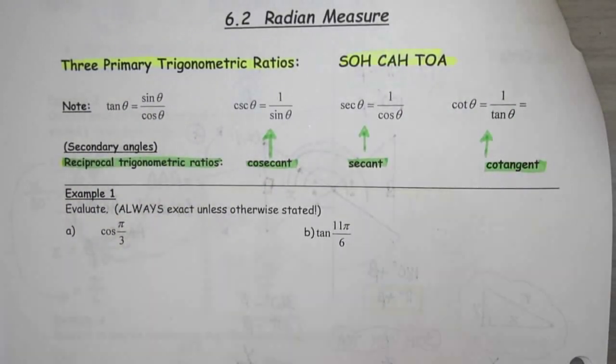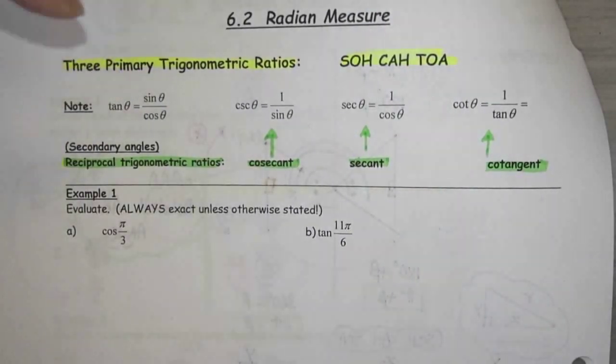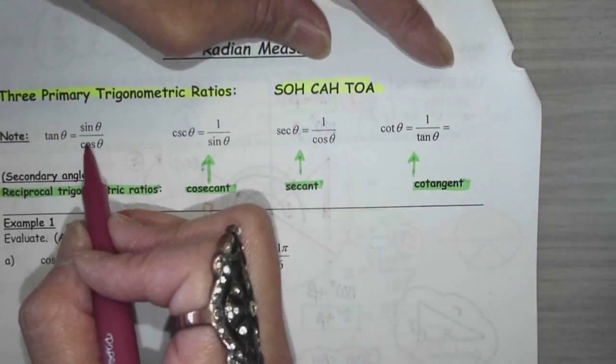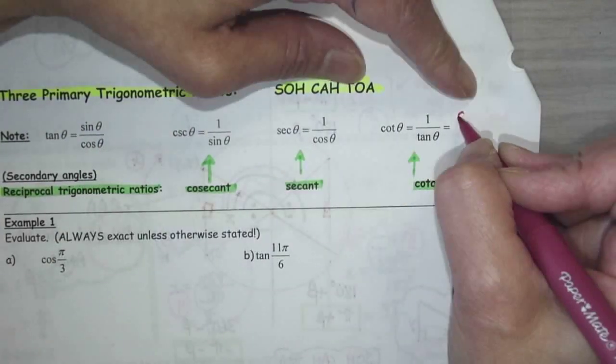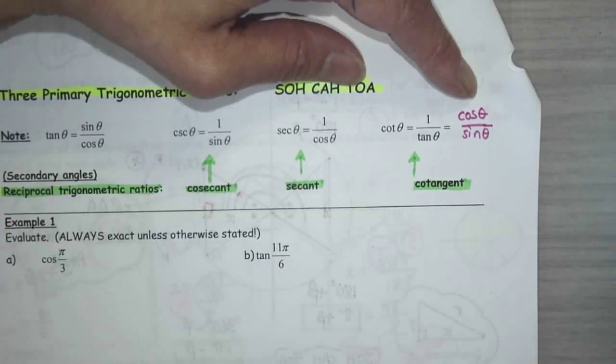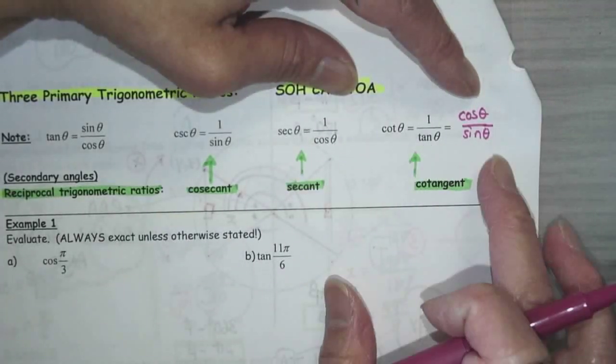And again, you have to be flexible. Sometimes tan is sine over cos, and sometimes cotangent is 1 over tan, and sometimes cotangent is, if we take the reciprocal of this, cos over sine. And you go, when is it better? It depends. So sometimes this is more useful and sometimes that's more useful.